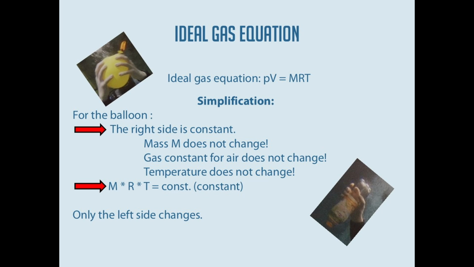That means the right side will not change anymore, and we abbreviate the whole thing with: m times R times T is constant. That means only the left side will change now. And we'll take advantage of that now by taking a closer look at the whole thing with the balloon.